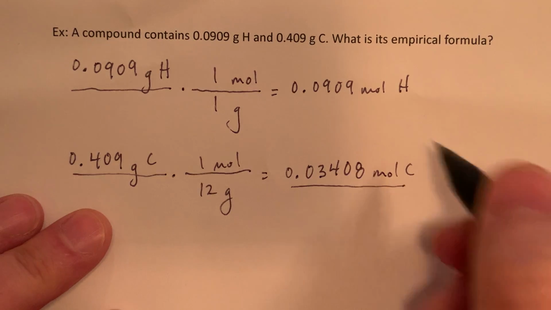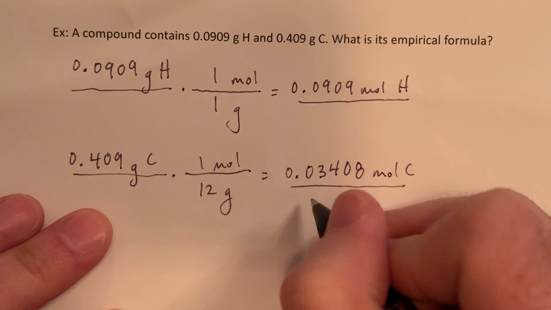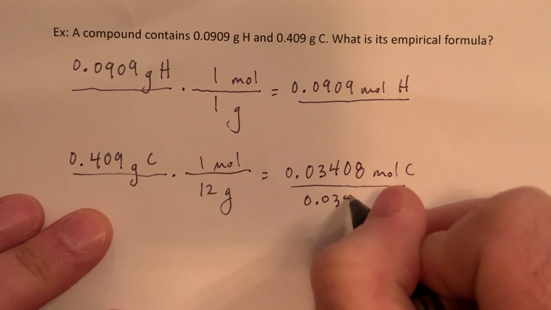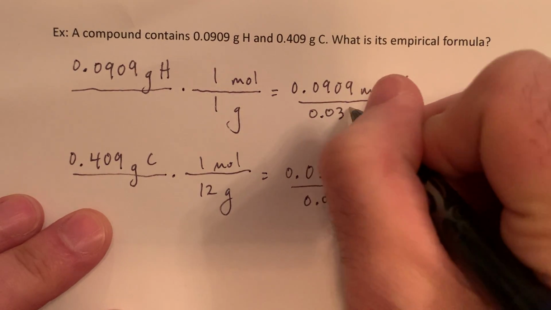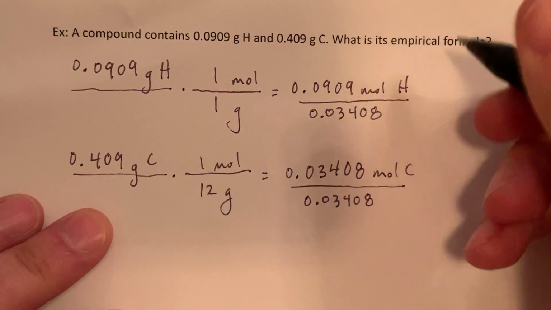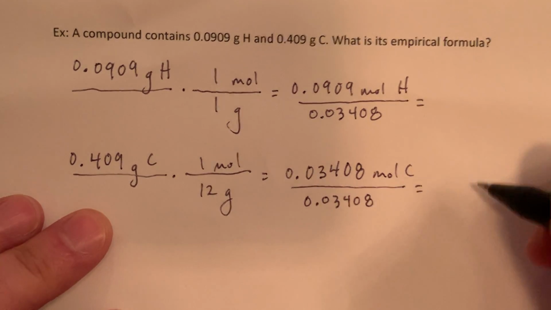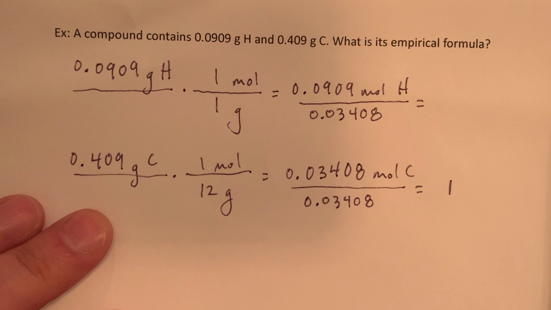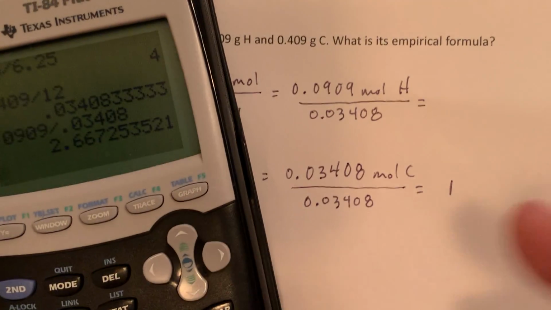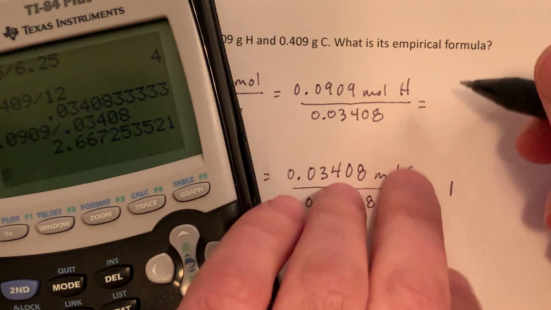So I'm going to divide everything by that. 0.03408. Okay, what I get here is just going to be a 1. So 0.0909 divided by the 0.03408 gives me this, okay? 2.667.